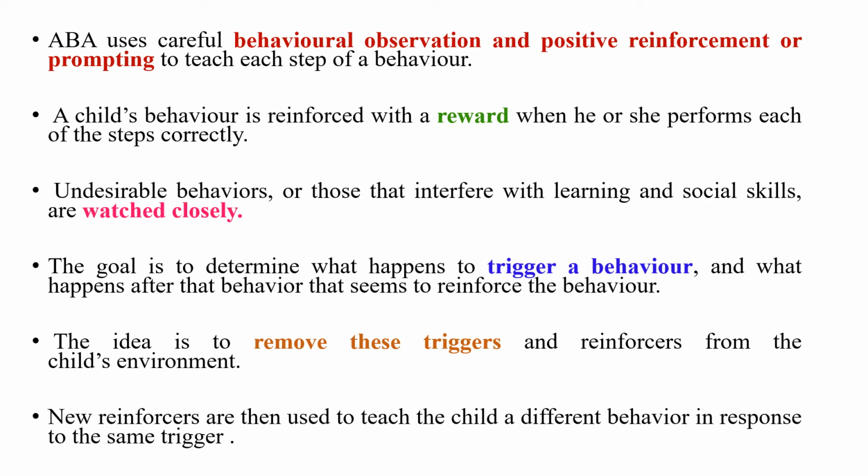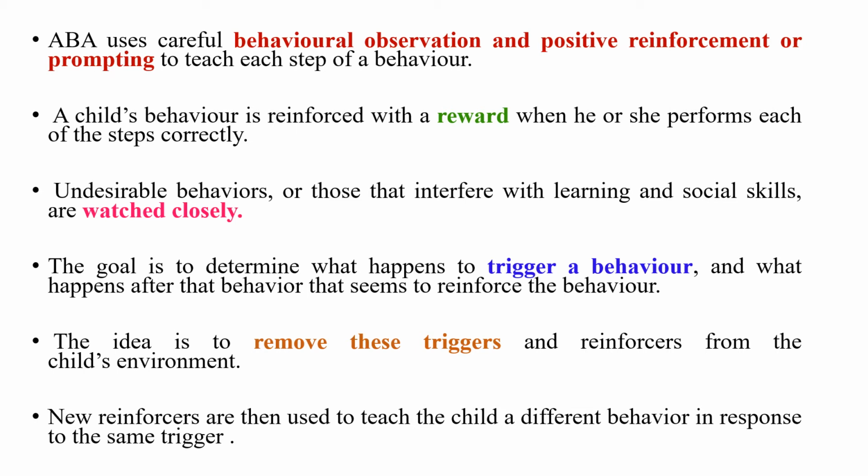As the positive reinforcement is used to teach desirable behavior, here something would have acted as a reinforcer for the occurrence of the undesirable behavior also. So that has to be found out, and that has to be removed from the environment of the individual or the child.